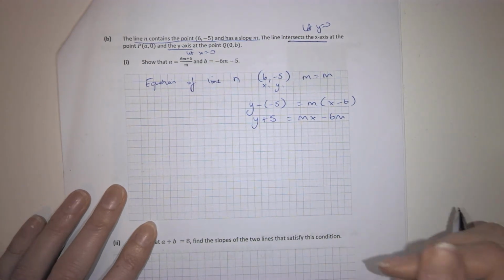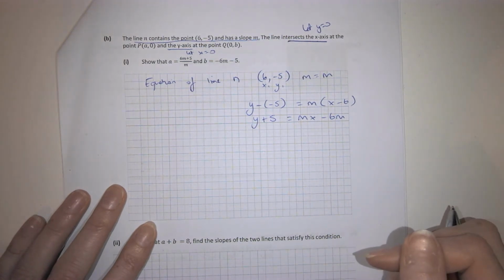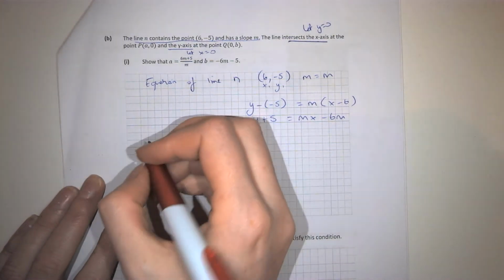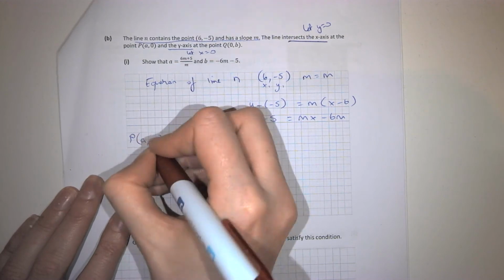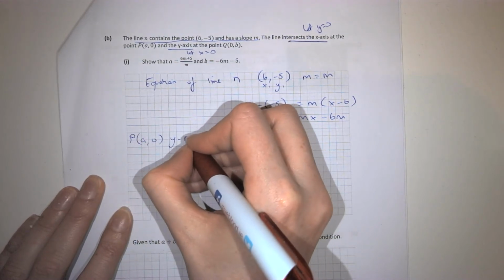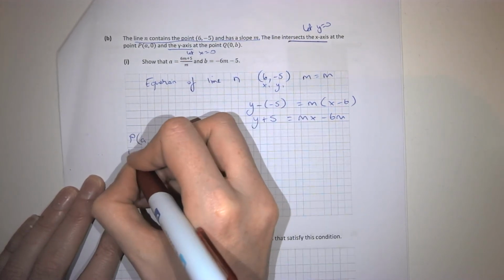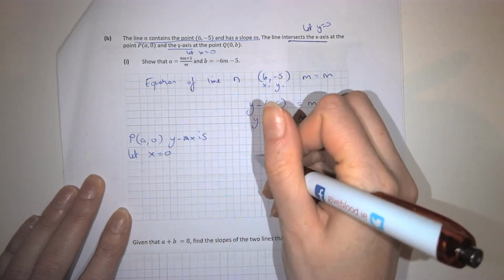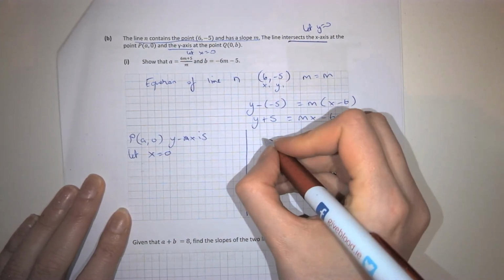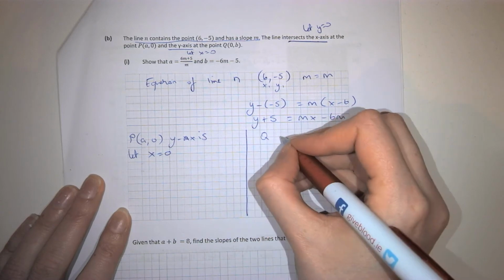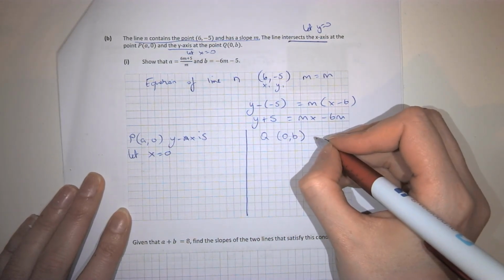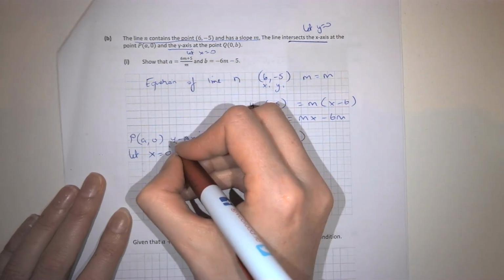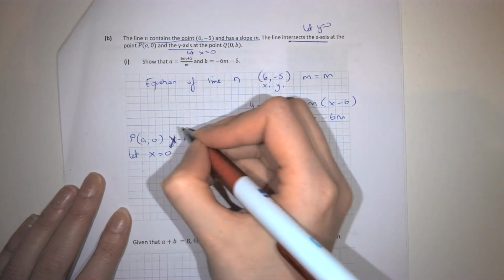And then all you're going to do is you're going to say the point P at (a, 0). So that's the y-axis. So we're going to let x equal naught. And on this side, the point Q, which is (0, b), and that's, excuse me, this is the x-axis, if I read the question.